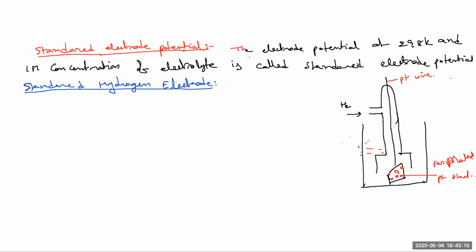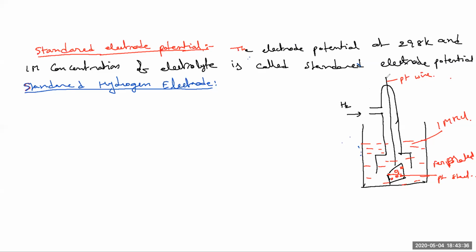Now what is this? It is the total electrolyte amount. This is a solution, actually water only, but water is a poor electrolytic conductor. So you can add acid or base to increase the conductivity. Now we are adding acid, 1 molar HCl.